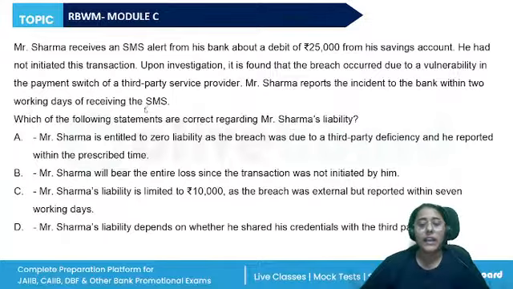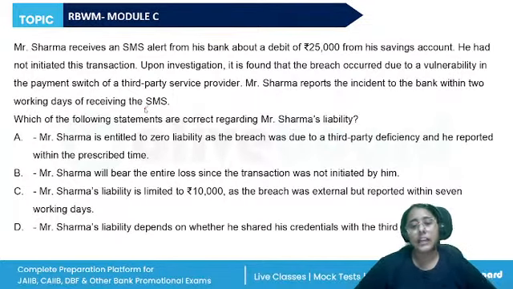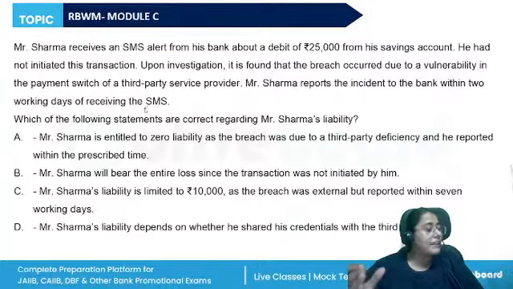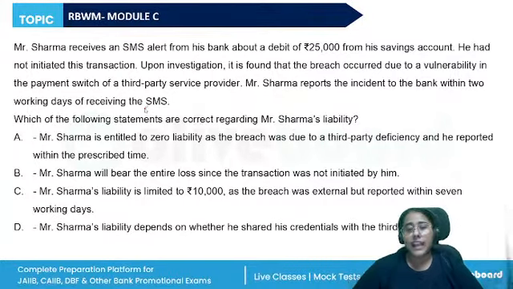All right. Next question. This is a case study based on the customer's liability on unauthorized transactions. Unauthorized transactions are in vogue. We are seeing how many fraudulent, unauthorized transactions through mobile and internet are happening.